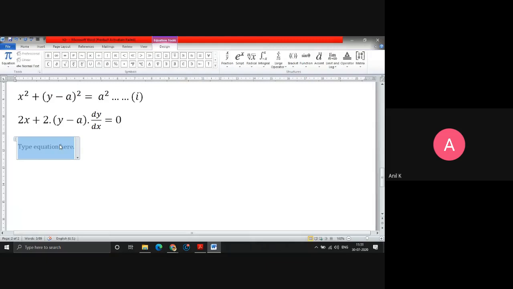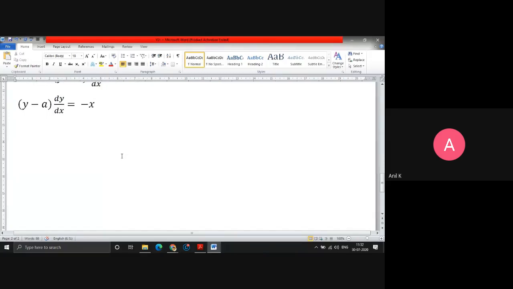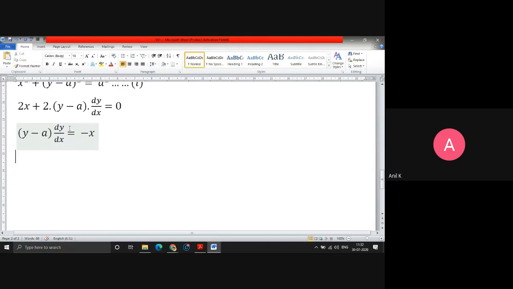You can take 2 common and send it that side. So you have y minus a into dy by dx equals to minus x.